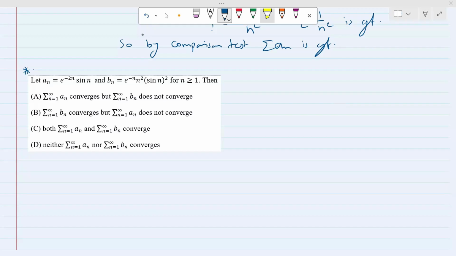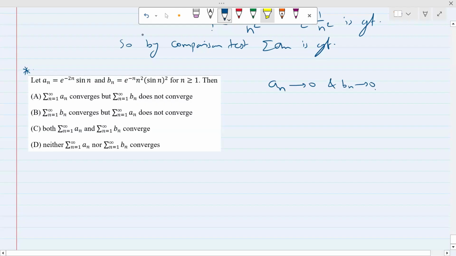Limit actually tends to 0. So both of them go to 0. Good. an also goes to 0 and bn also goes to 0 because of this exponential factor. So you cannot apply the necessary criteria. You need to think of something else.